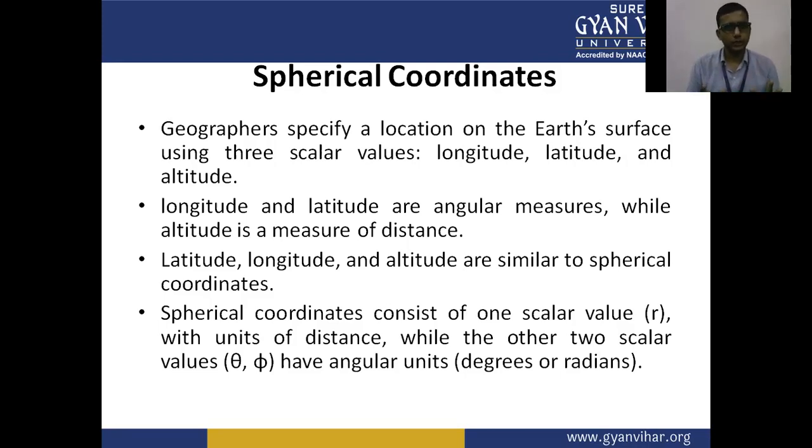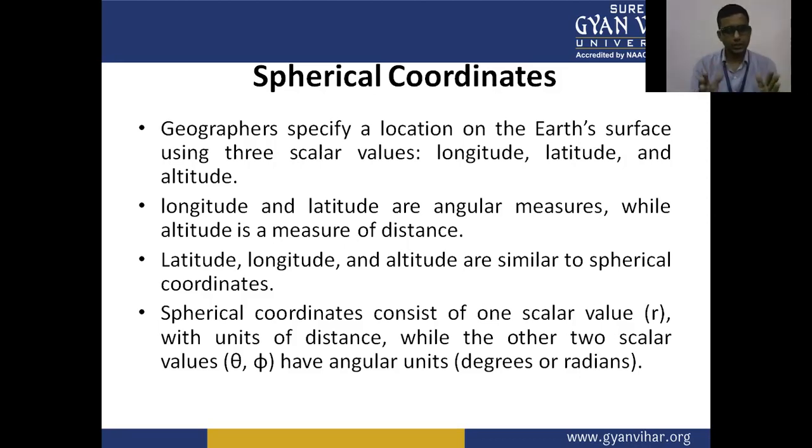Latitude, longitude, and altitude are similar to the spherical coordinates. Spherical coordinates consist of one scalar value r with units of distance, while the other two scalar values, theta and phi, have angular units in degrees or radians.